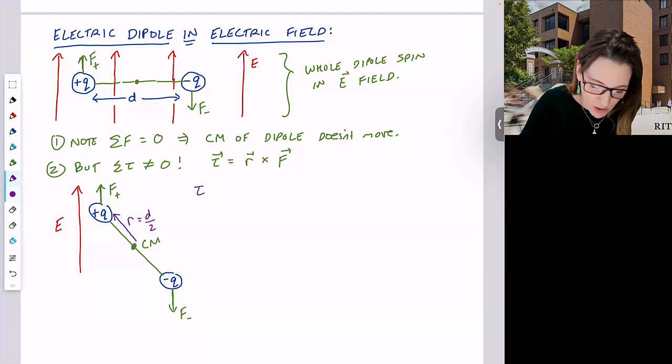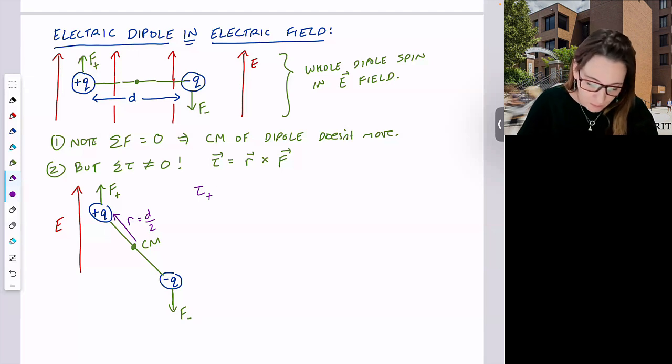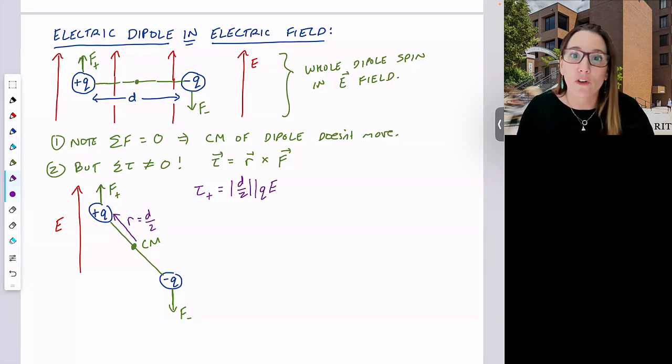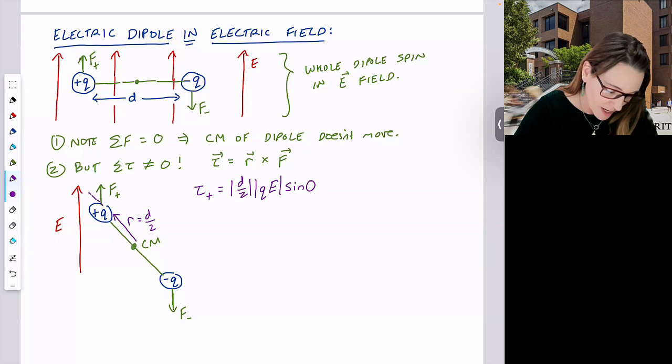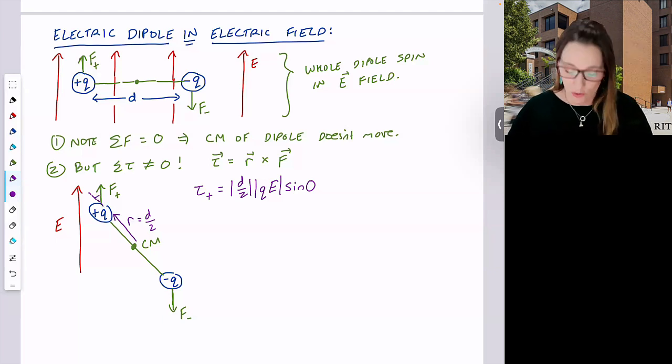If we look at the torque on the positive charge, it's going to be the magnitude of r, d over 2, times the magnitude of the force, which can be written as q times the electric field, qE, times the sine, because it's a cross product, of the angle between r and F. So we have some angle between r and F that shows up in that cross product, the sine of theta.